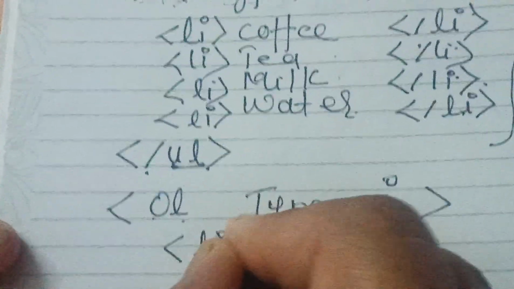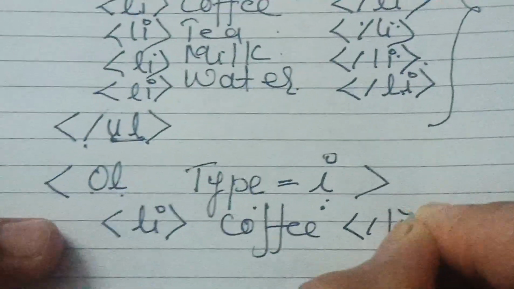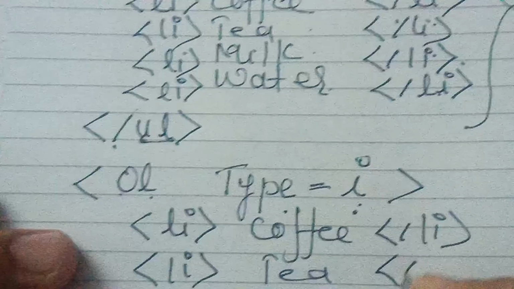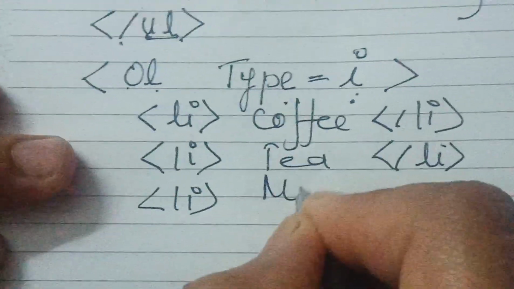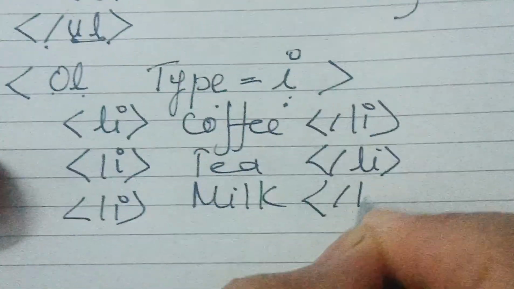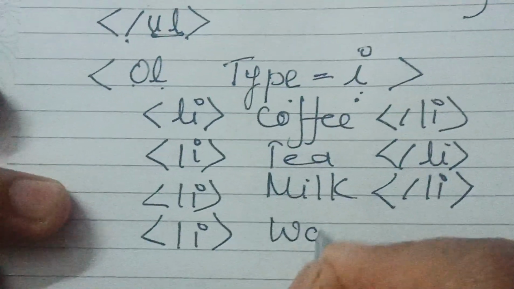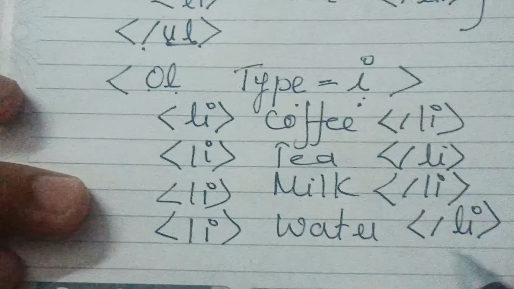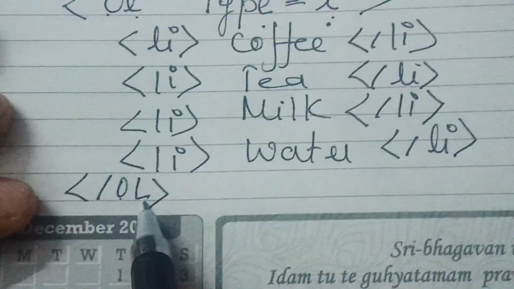Close this, and again we will be writing the list item li, coffee, close it, li, close this list item, li milk, close it, li water, close it. Clear? And then you have to close the OL tag also, OL ordered list.